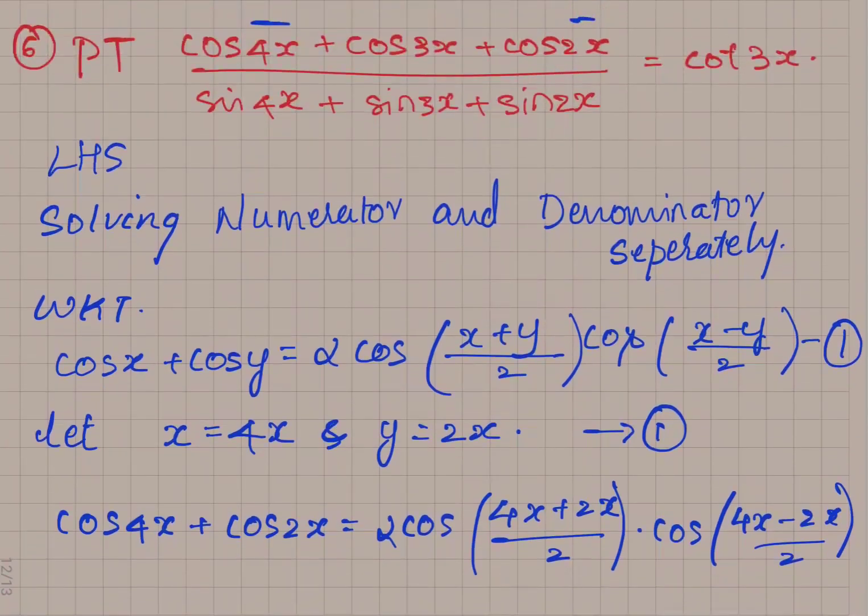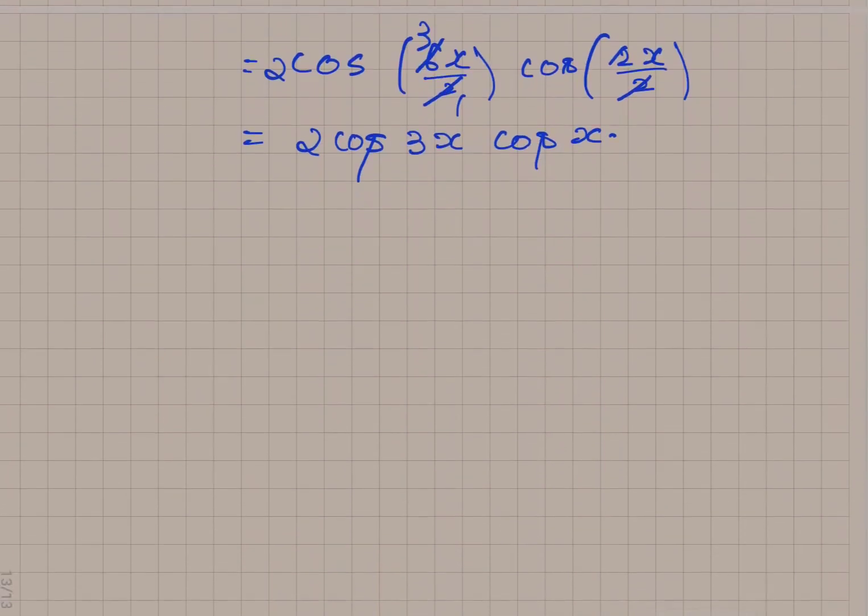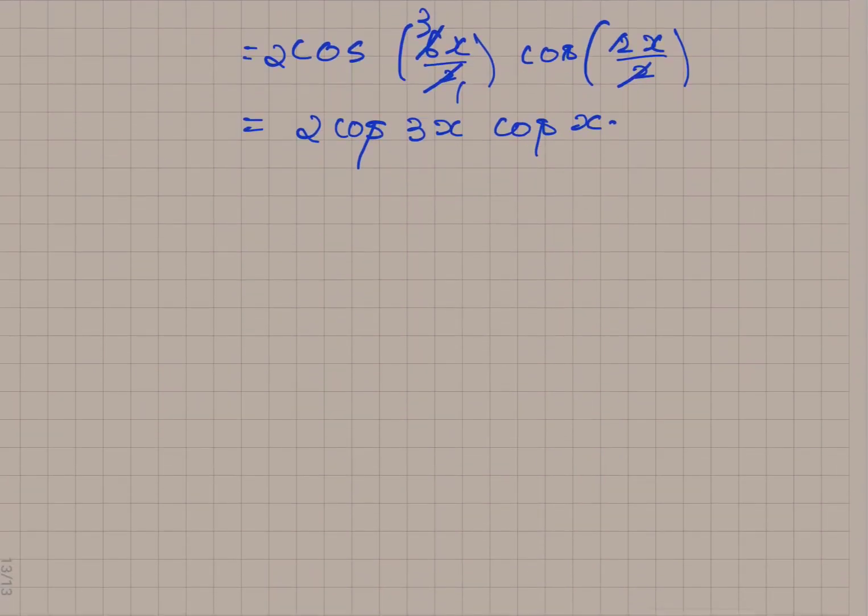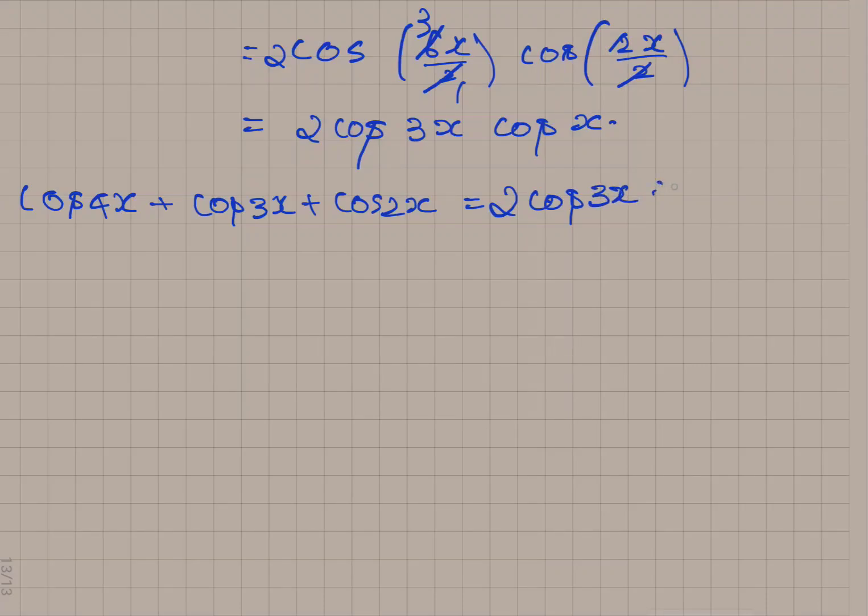As we have just taken these two values of cos 4x and cos 2x, cos 3x is remaining. Now let's take cos 3x. Taking cos 4x plus cos 3x plus cos 2x is equals to 2 cos 3x into cos x plus cos 3x.